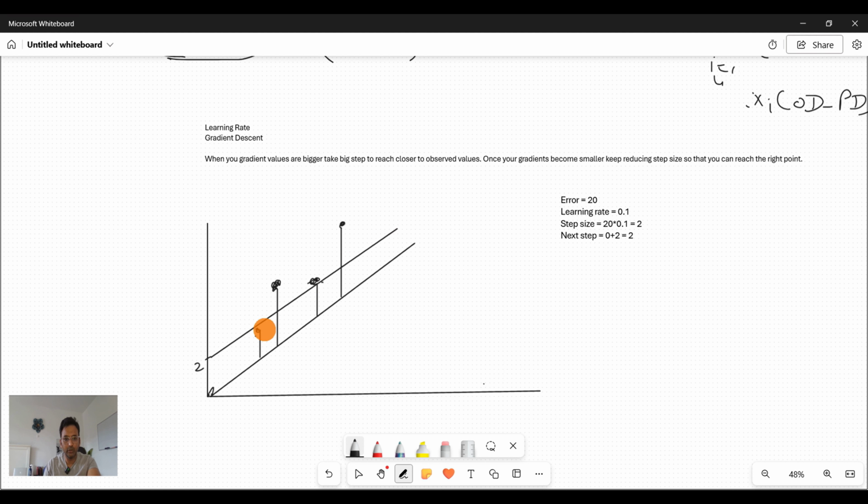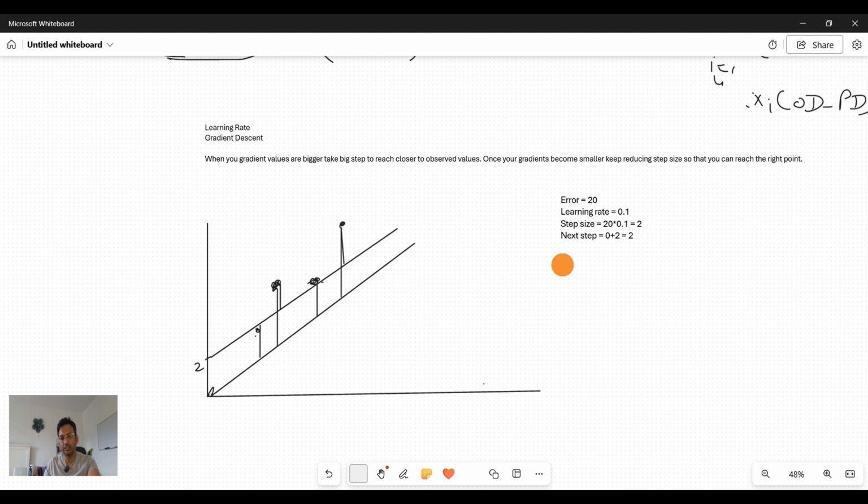And now our new errors will be this, this, this, and this. This is a new error. Now our error will be reduced drastically. So the error may be now 5.